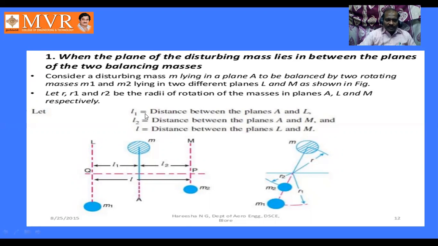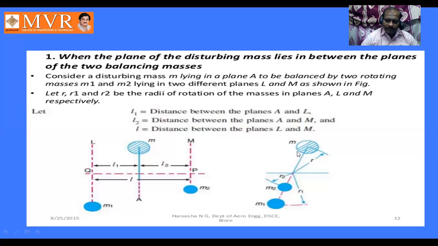L1 is the distance between the planes A and L. L2 is the distance between the planes A and M. And L is the distance between the planes L and M. I think you can observe the diagram. By this diagram, we can see how L2, L1, L, r1, r2 are defined. Here r is not shown, but the same thing we can represent in another view.